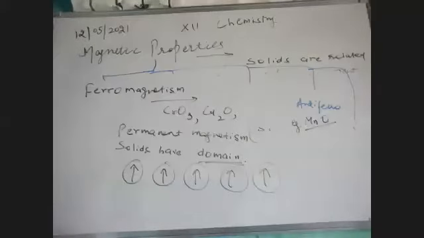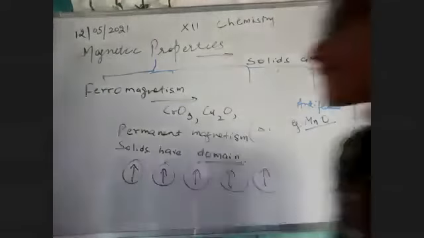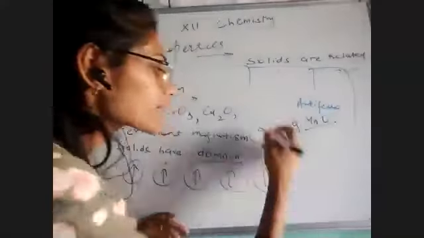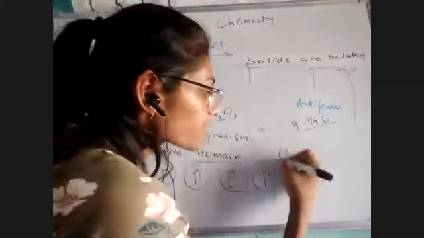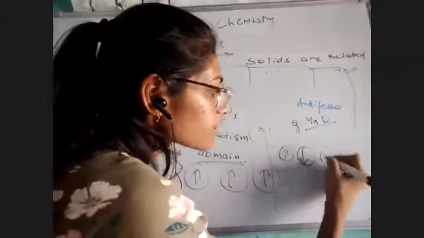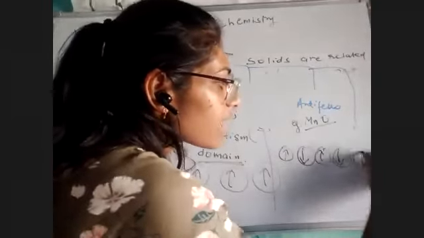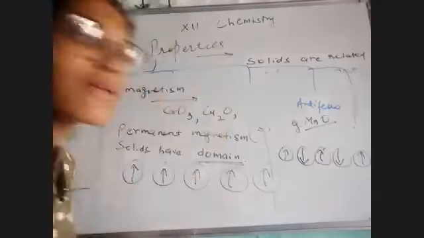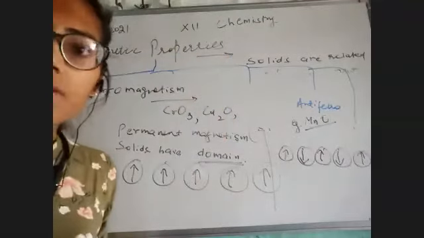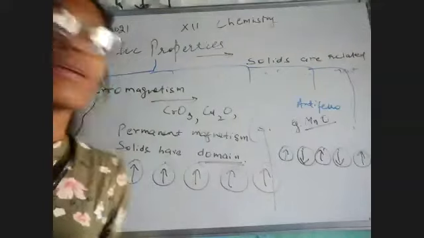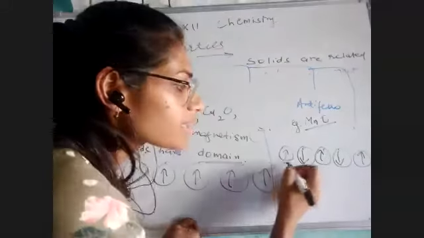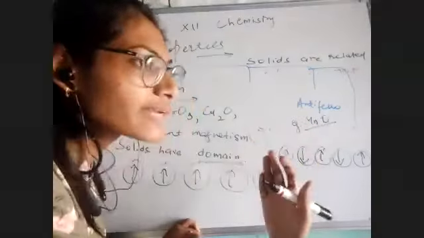These are substances which have a domain structure similar to ferromagnetism, but their orientation is totally different. That means they are arranged in an anti-parallel fashion. Like one is in the upper direction, the +1/2 direction, and the other is opposite.